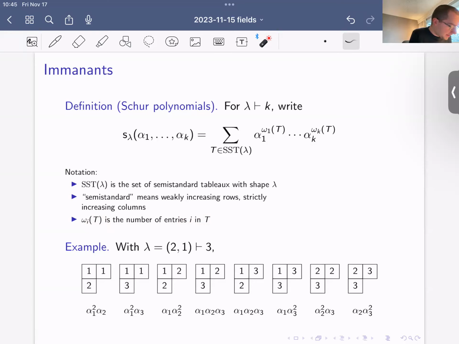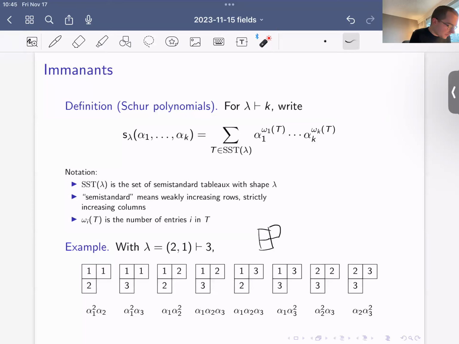This is the case where lambda is the partition 2, 1, which is a partition of 3. So this is a partition that has this Young diagram. And so a semistandard tableau is just filling the boxes of this Young diagram with ones, twos, threes, in a way where the rows are weakly increasing, right?